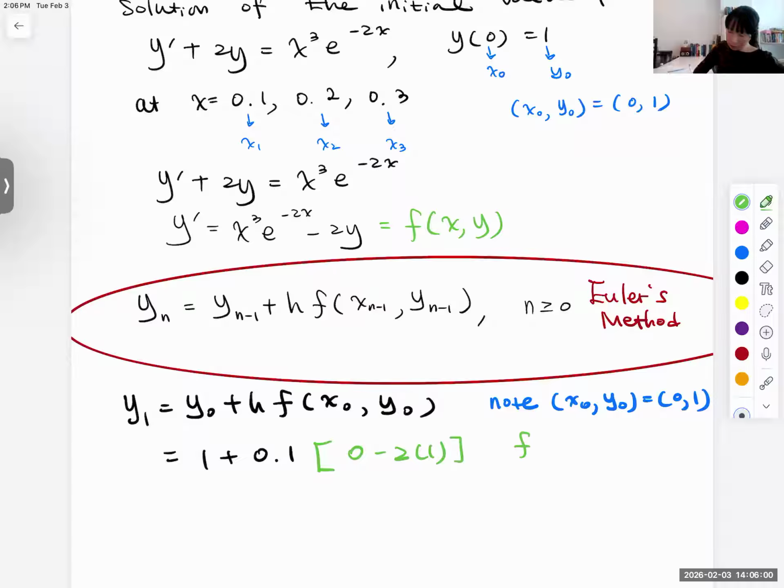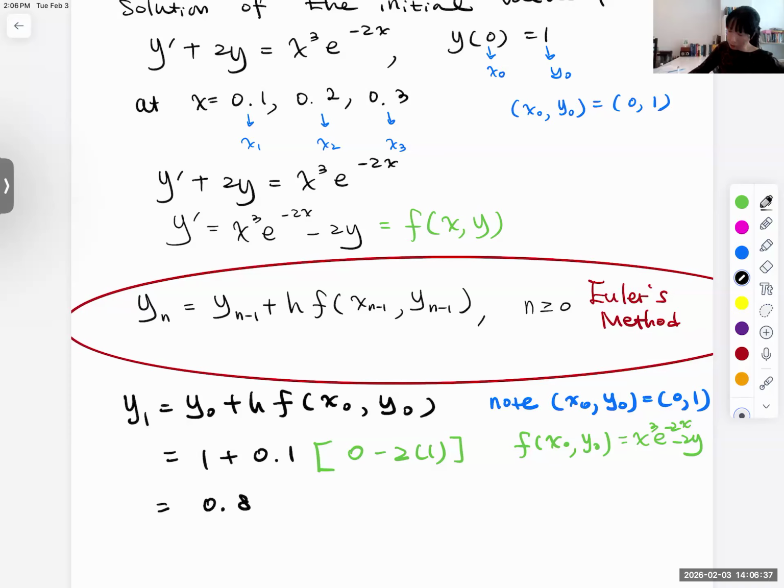Note f of x sub, x naught, y naught, we don't have to say naught, I mean sub. So x cubed e to the negative 2x minus 2y. So we plug in x naught equals 0 and y naught equals 1. All right, so that will be, can you please calculate? 1 plus 0.1 times negative 2, which is 0.8.